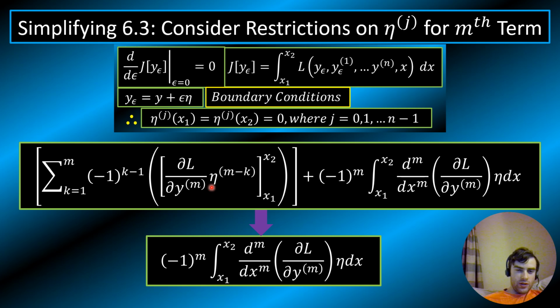That means that you don't need an nth derivative boundary condition because this won't reach any of the ends, and it vanishes. We want it to vanish, so that's all the boundary conditions we need.